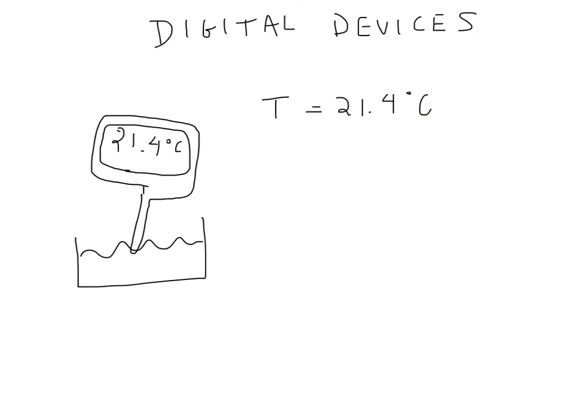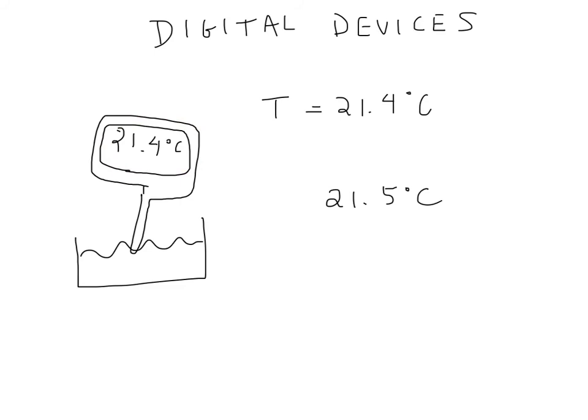So here's how we evaluate the digital device's uncertainty. We say, if the actual temperature of the liquid were 21.5, then the computer would display 21.5, right? So we know that the actual temperature couldn't be more than 21.5 when we see this reading, 21.4, right?